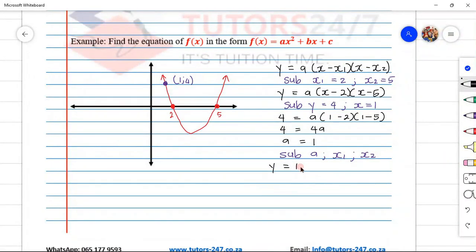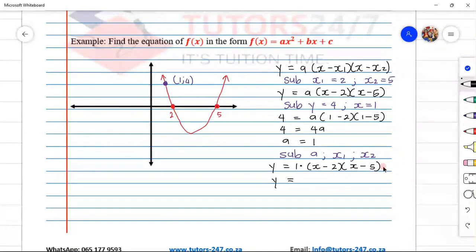So our value of a is 1, minus our value of x1 is 2, and our value of x2 is 5. From here, all we need to do is expand. So we know 1 times anything is going to remain the same.